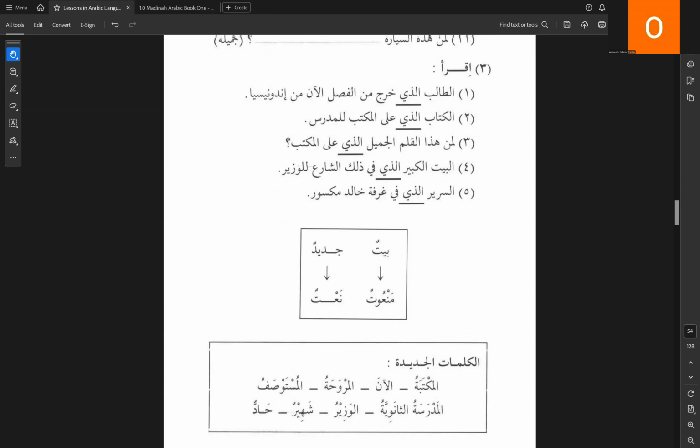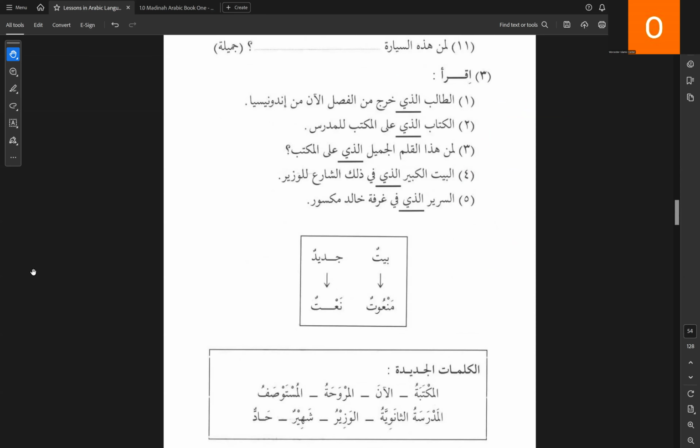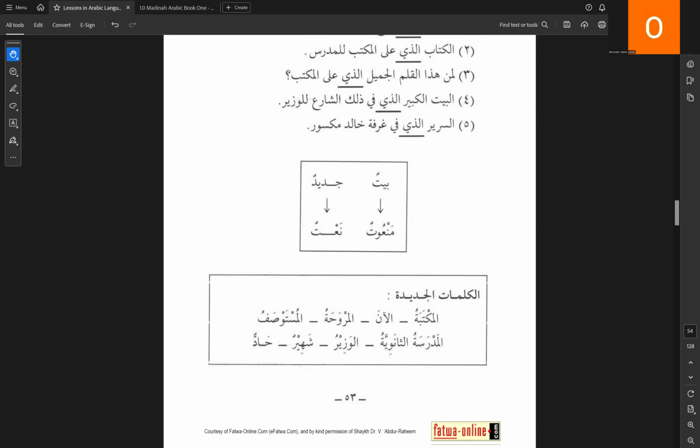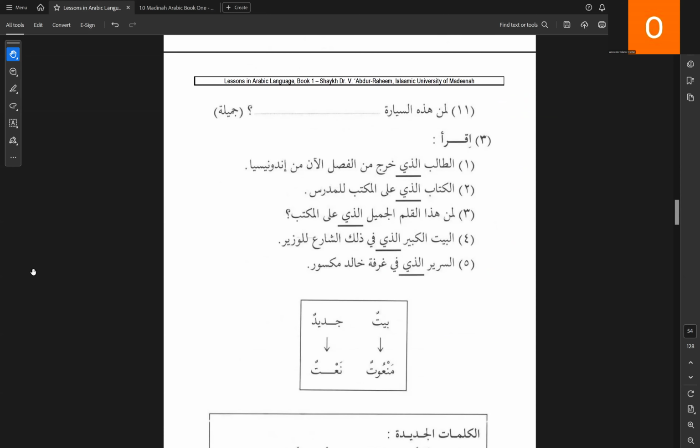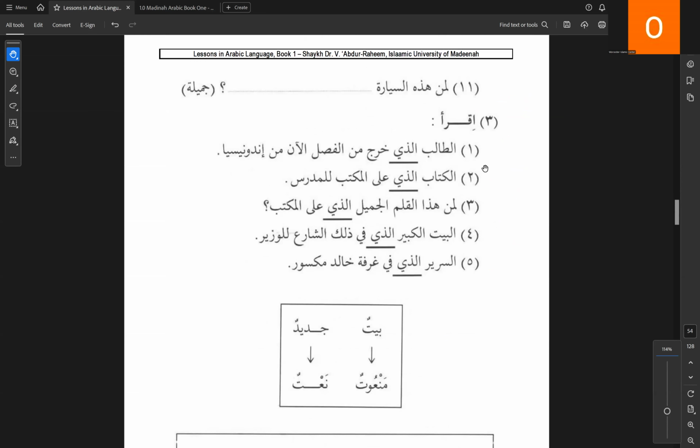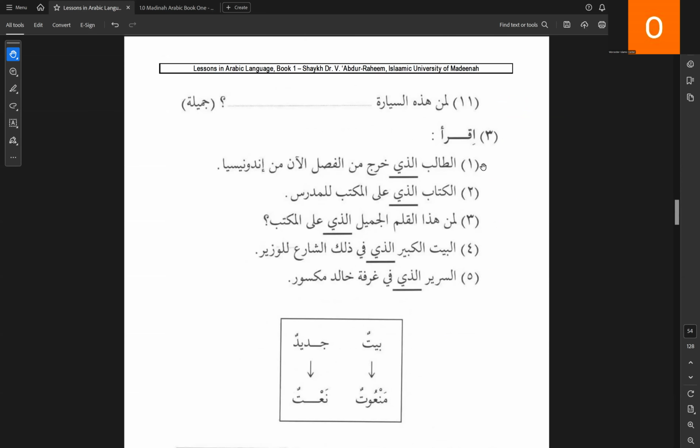So now I'm going to go forward to page 53. We're just going to do one or two examples of this before moving on. Okay, we'll do this one and we'll do this one. الكتاب الذي على المكتب للمدرس.